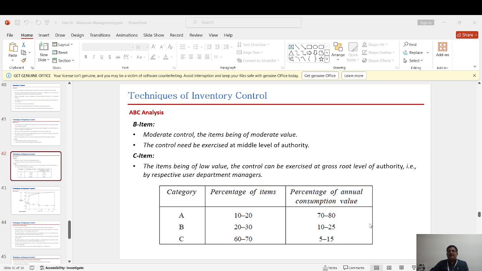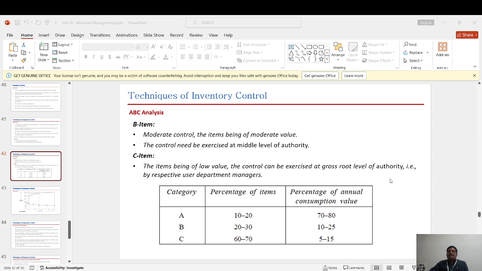Simplifying, Q is equal to the square root of 2C3D divided by C1. So the optimal quantity EOQ, Q0, is equal to the square root of 2C3D divided by C1.